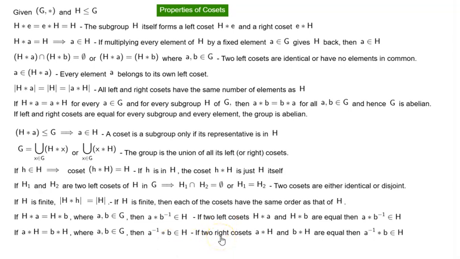Here the same thing in terms of right cosets. So be careful about these two products.